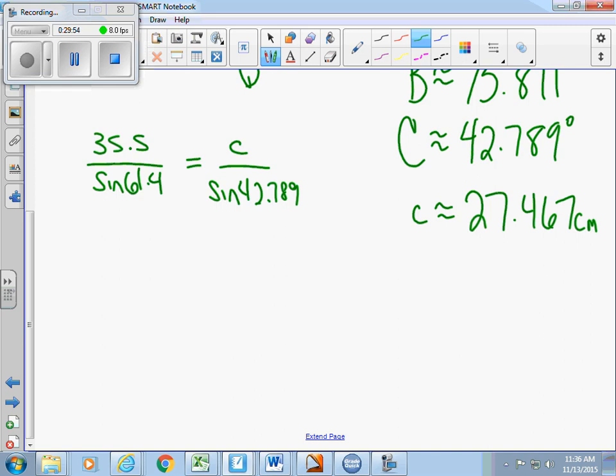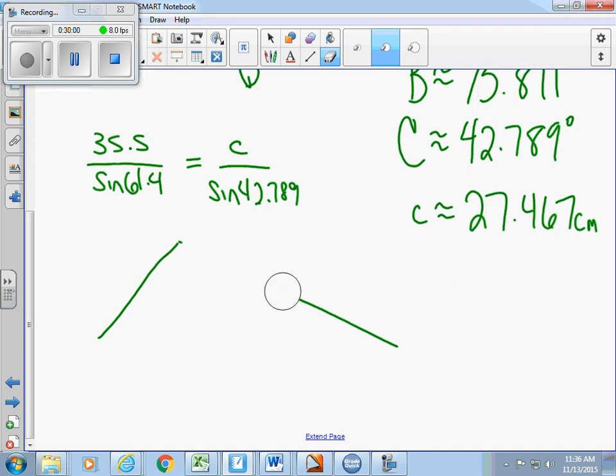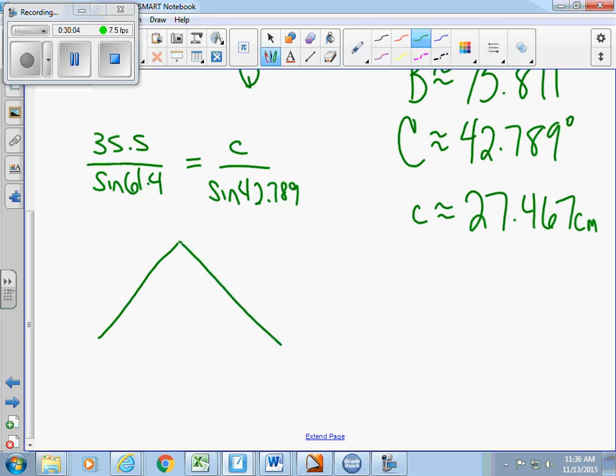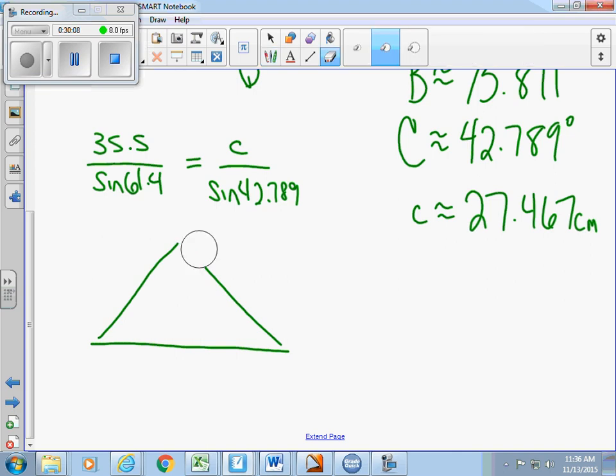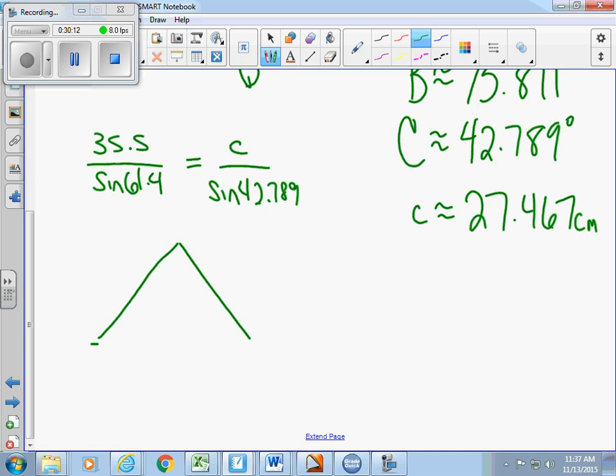So now I'm going to draw a careful picture. And I want to talk about how to get the other triangle because that's the new thing for the day.